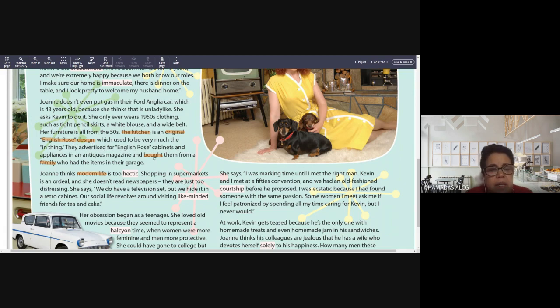No mystery. Bought them from a family who had the items in their garage. So she also bought a lot of the things that she has in the house in a garage sale. Modern life is too hectic. What do you understand by hectic?